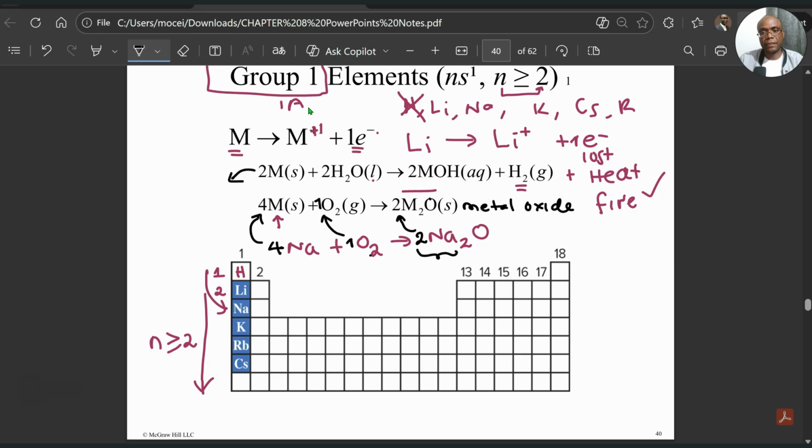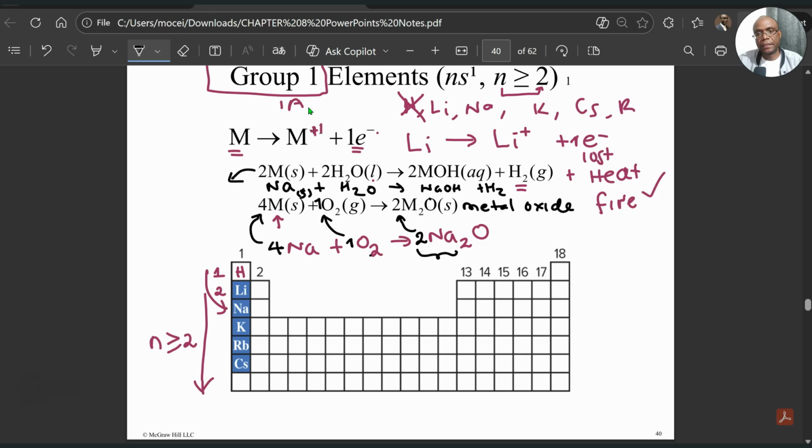Now for this next equation, I need to give you an example of the reaction of a group 1 element with water. So if you take the same sodium and react it with water, solid sodium that is, it's supposed to give you sodium hydroxide and hydrogen gas.